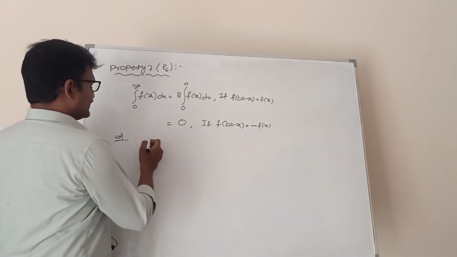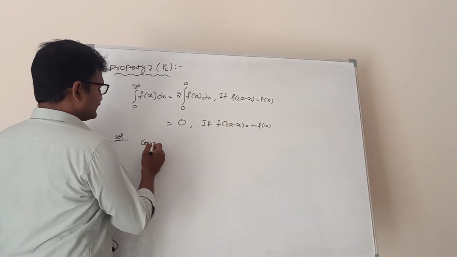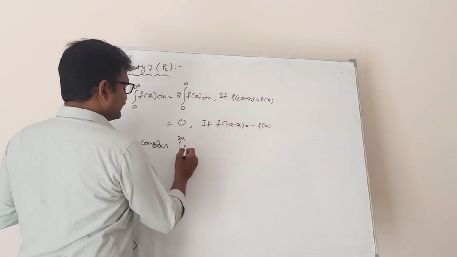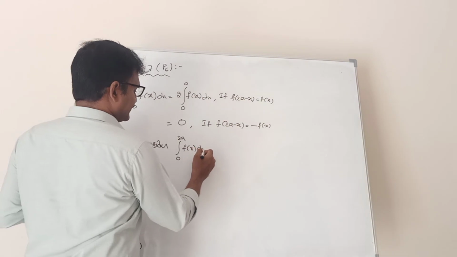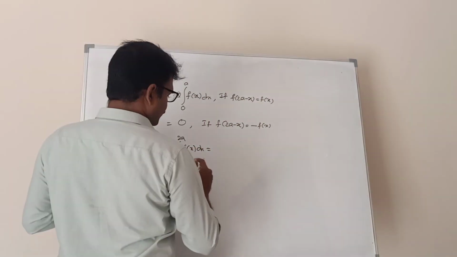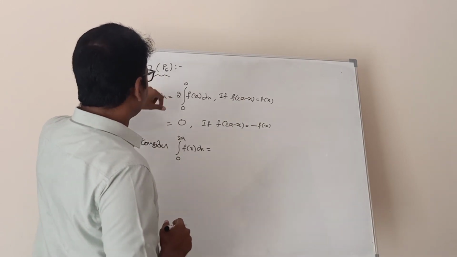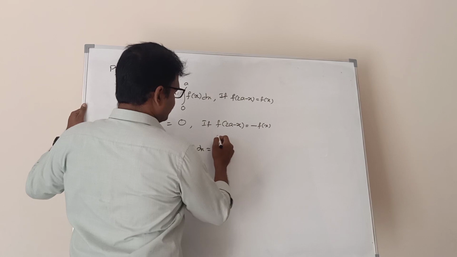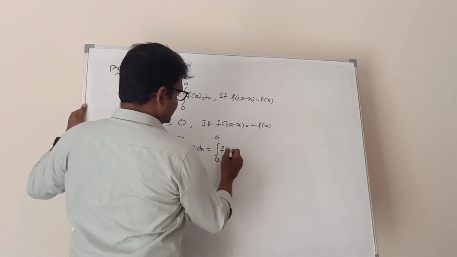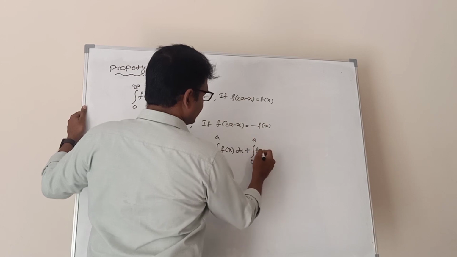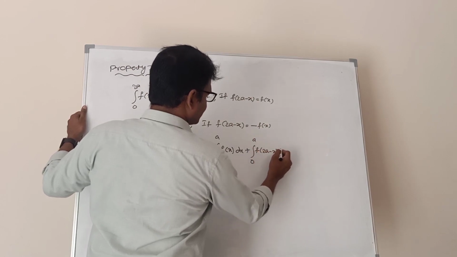So first consider LHS. Consider integration of 0 to 2a f of x dx. So from property number 6, what did we prove? 0 to a f of x dx plus 0 to a f of 2a minus x dx.